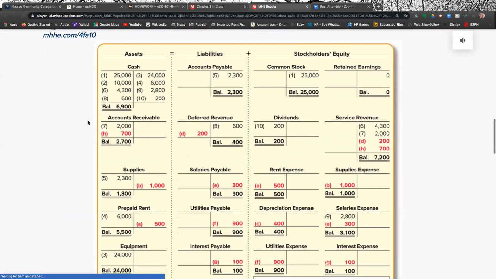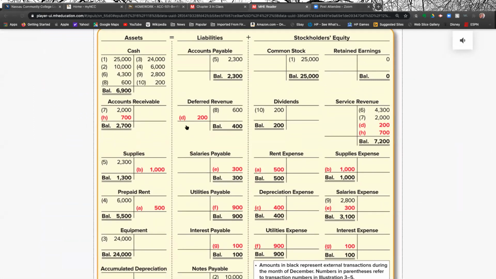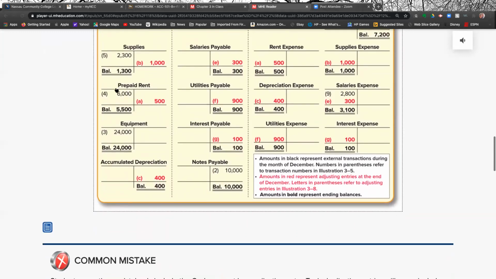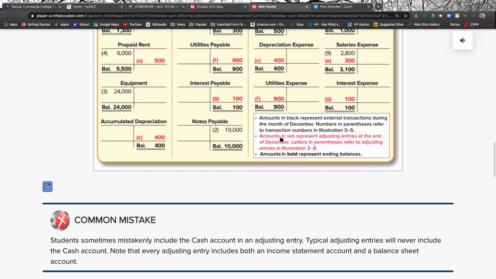Here's the adjusting entries that were in the example in the textbook. Here they get posted to the accounts, and notice the adjusting entries are in red. Notice not every account gets adjusted. Notice cash never adjusted. The amounts in red represent the adjusting entries.